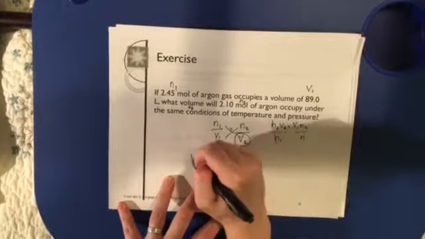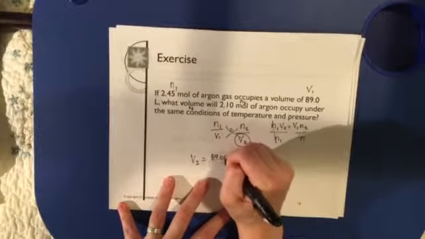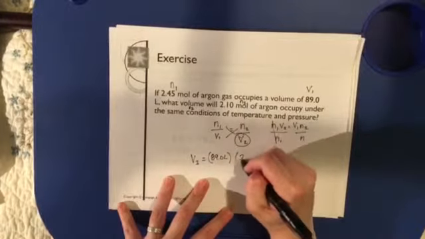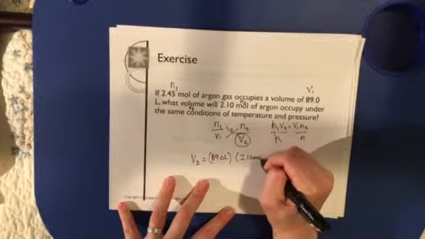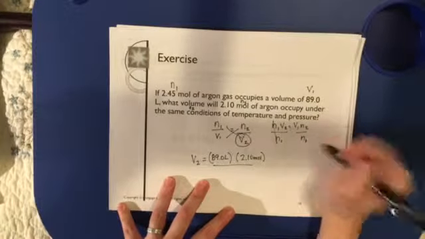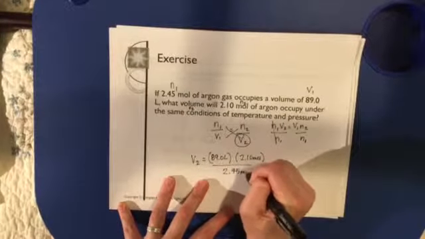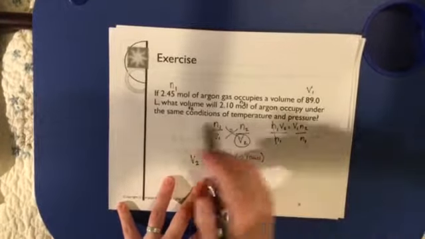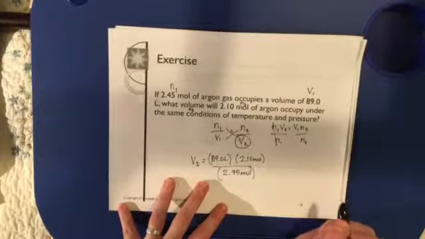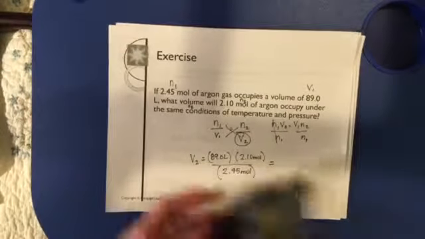So V2 will equal 89.0 liters times our N2, which is 2.10 moles, divided by N1, which was 2.45 moles. And so what we're doing here is decreasing the number of moles. So we're going to expect the volume to also decrease.